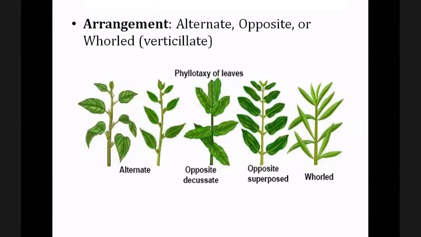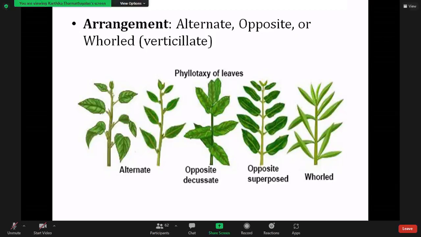One opposite pair is at right angle to the adjacent pair. That we call opposite decussate. The example is the calotropis plant.